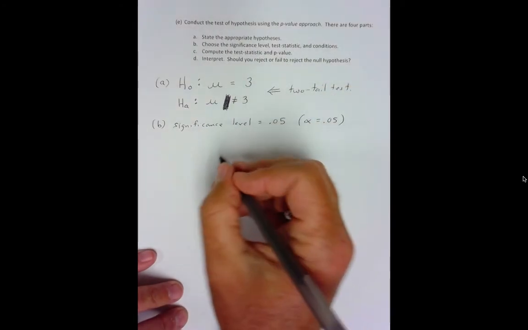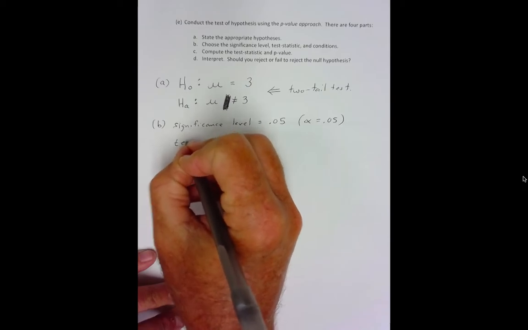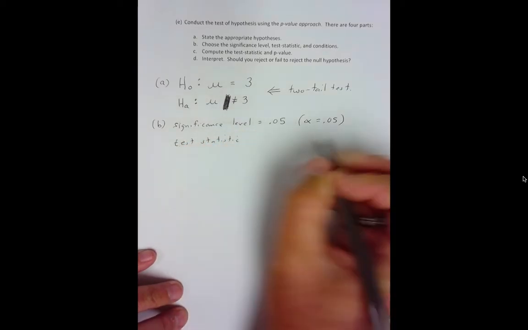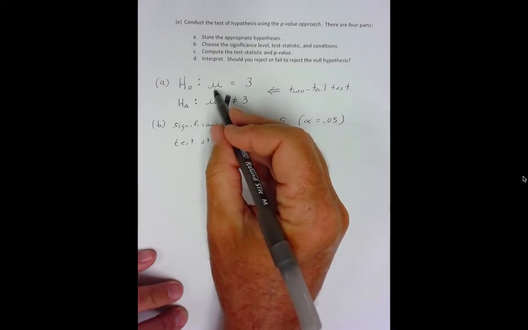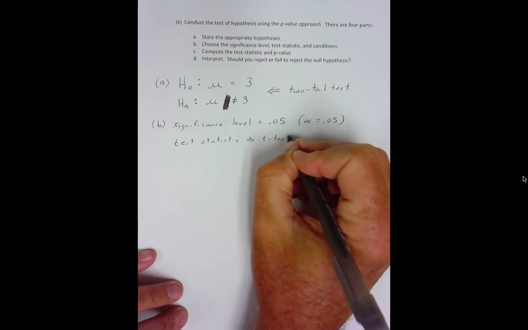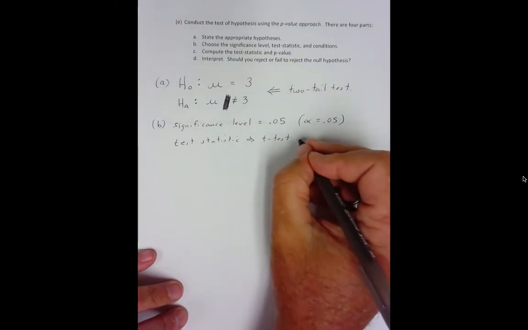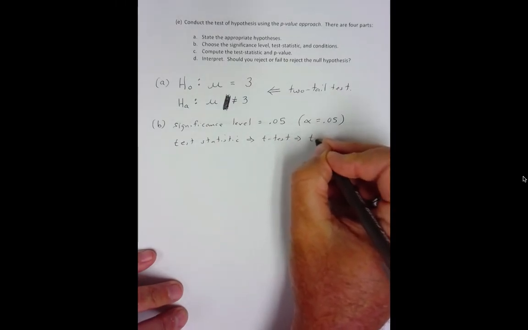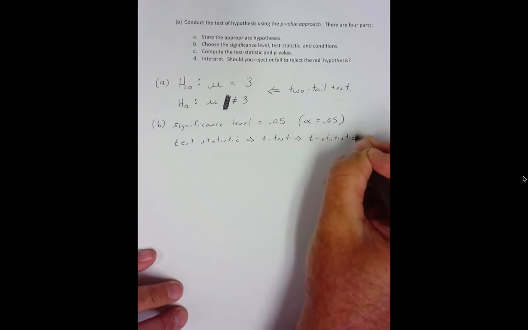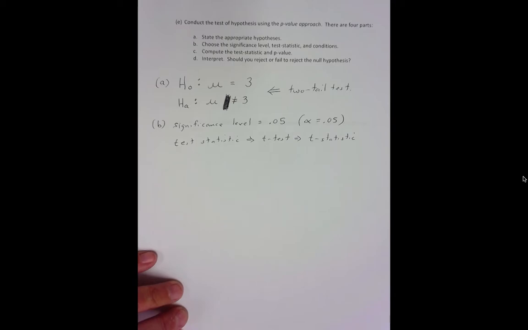Test statistic. Because we are testing a value of a mean, we know we're going to use a t-test. Again, that's from the previous video. So we're going to calculate a t-statistic or a t-value.